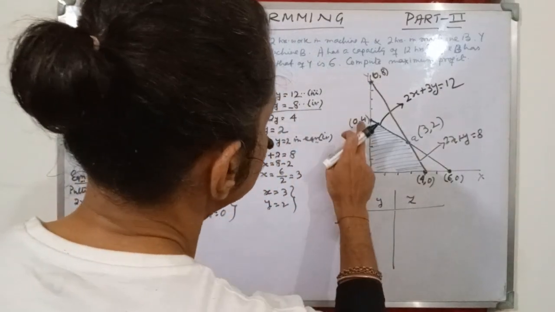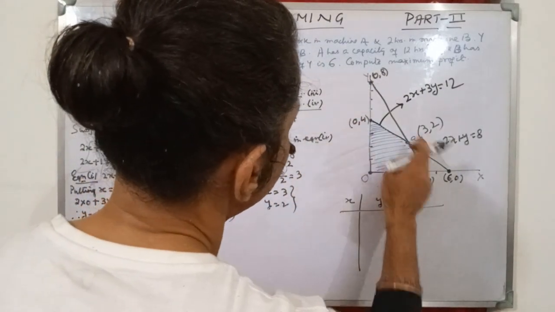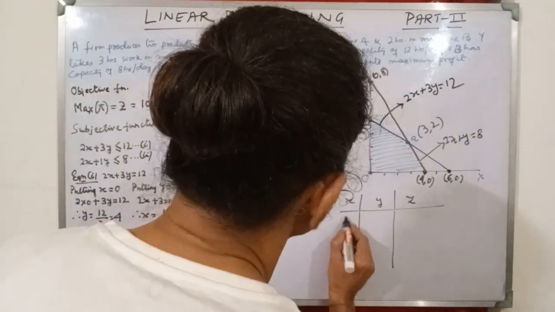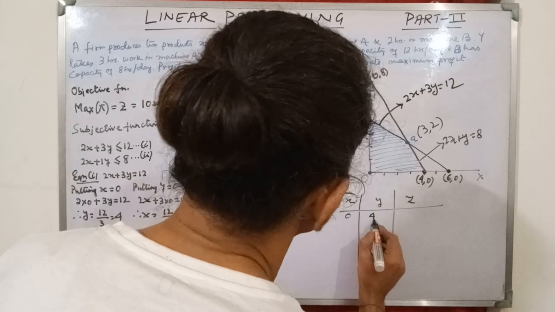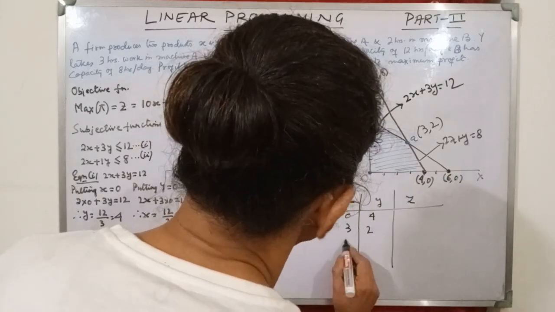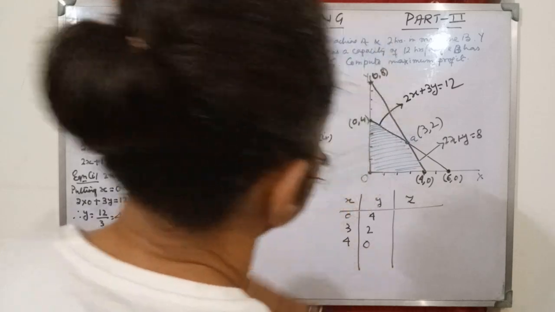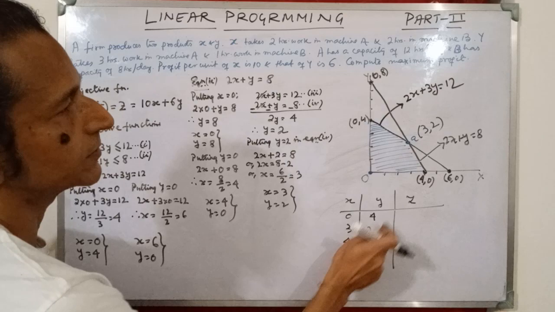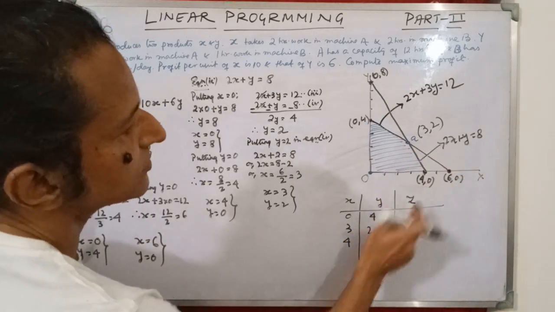We will consider only these 3 points. First 0, 4, then 3, 2 and finally 4, 0.